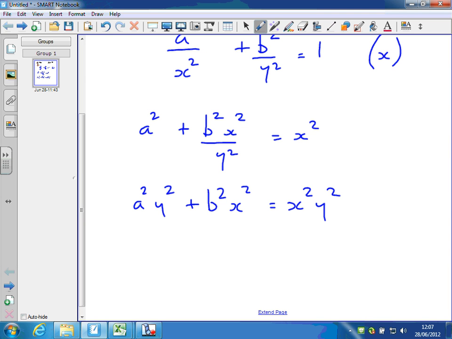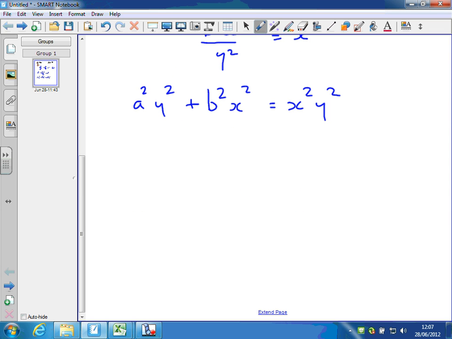Remember, we're after getting x on its own, so the next step is to get all terms involving x on one side. I recommend get them on the left-hand side, because eventually we want x to be on the left, and then all other terms on the right-hand side. So you could go from there, see if you can work it yourself.